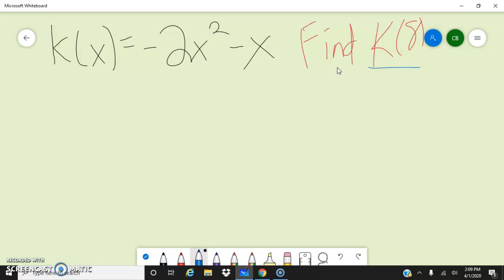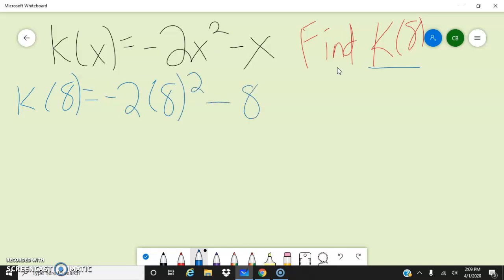Wherever we see an x, we're going to plug in the number 8. So k of 8 equals negative 2 times 8 squared minus 8. All we did was substitute that value in.